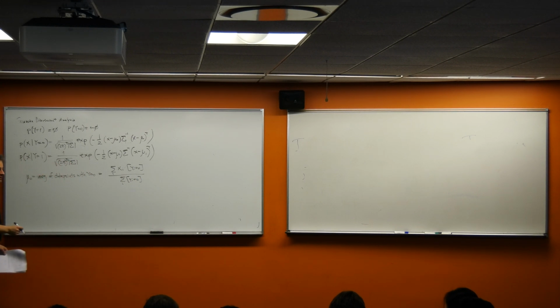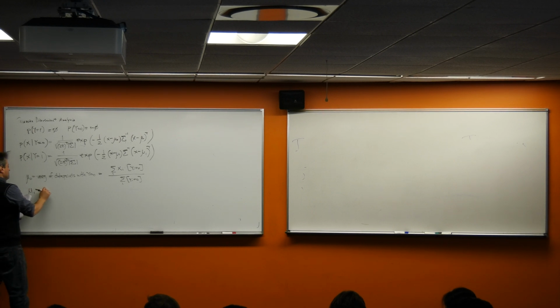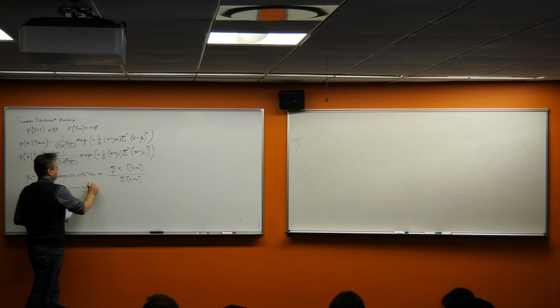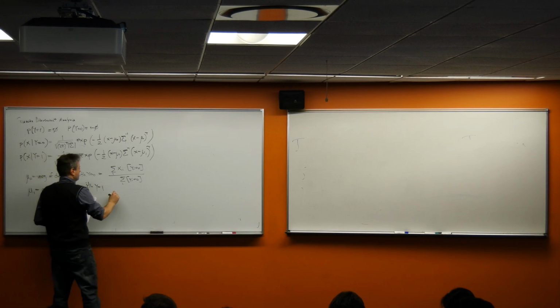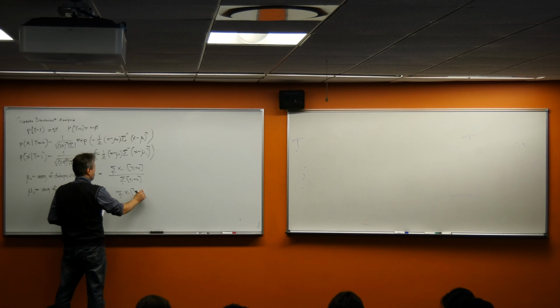The average of all the data points that have y equals 0. And the other thing, the average of data points with y equals 1, that would be the sum of all the data points, predicate is y equals 1, divided by how many things.